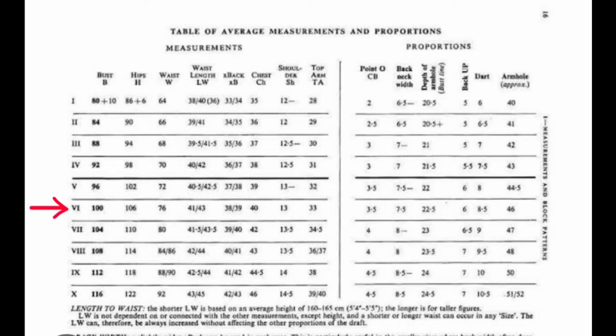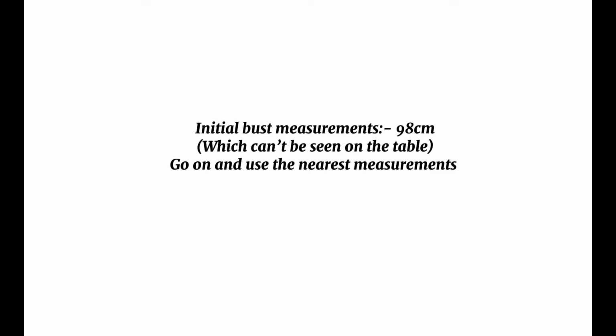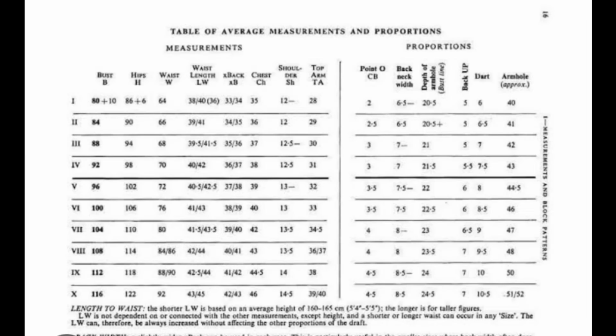Now we've located that, I want to give some important information. In case you don't see your accurate body measurement on this table, please use a measurement that is close to your actual body measurement. Let me give an example real quick. In the case where the bust is 98, if you look through the table, you won't see 98.